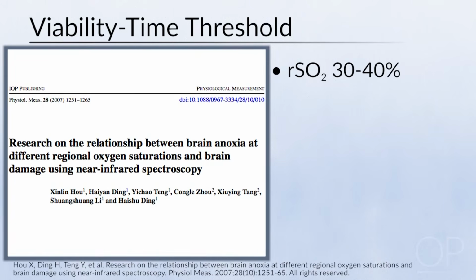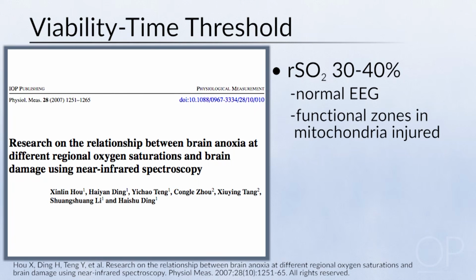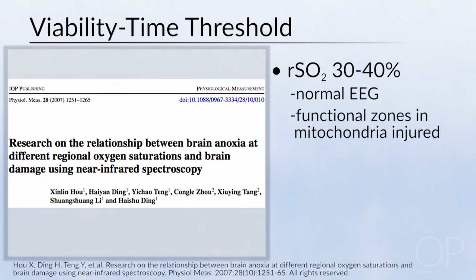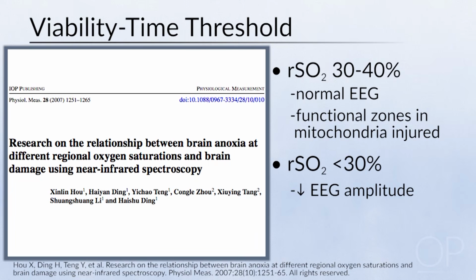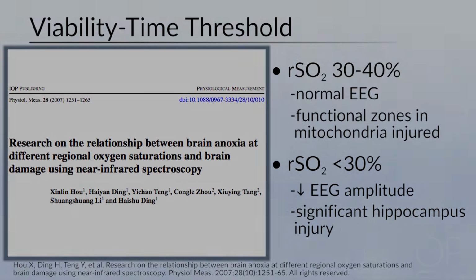With cerebral oxygen saturation values in the 30 to 40 range, although the EEG was normal, they started to see functional zone injury in the mitochondria. And with saturation values below 30 for 30 minutes, they started to see a decrease in EEG amplitude and significant injury in the hippocampus. So we don't know the exact viability time threshold, but it's likely to be somewhere between 30 minutes and 2 hours.